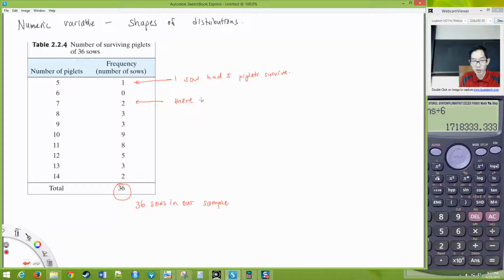There were 2 that had 7 piglets survive. No sows had 6 piglets survive, okay? None of the 36 sows had 6 piglets survive.